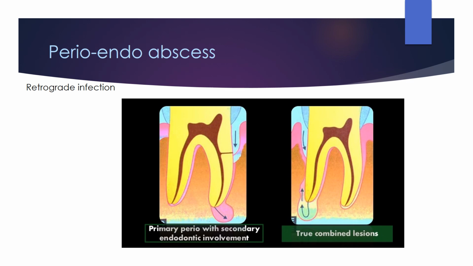So the terminology to understand here is retrograde infection, and the pathogens are actually anaerobic bacteria which come through the pocket, enter the apical foramen, and reach the pulp. So in this case, you would not see a caries, but definitely the tooth could become non-vital. So the source of infection is originating from the pocket region of the periodontium.